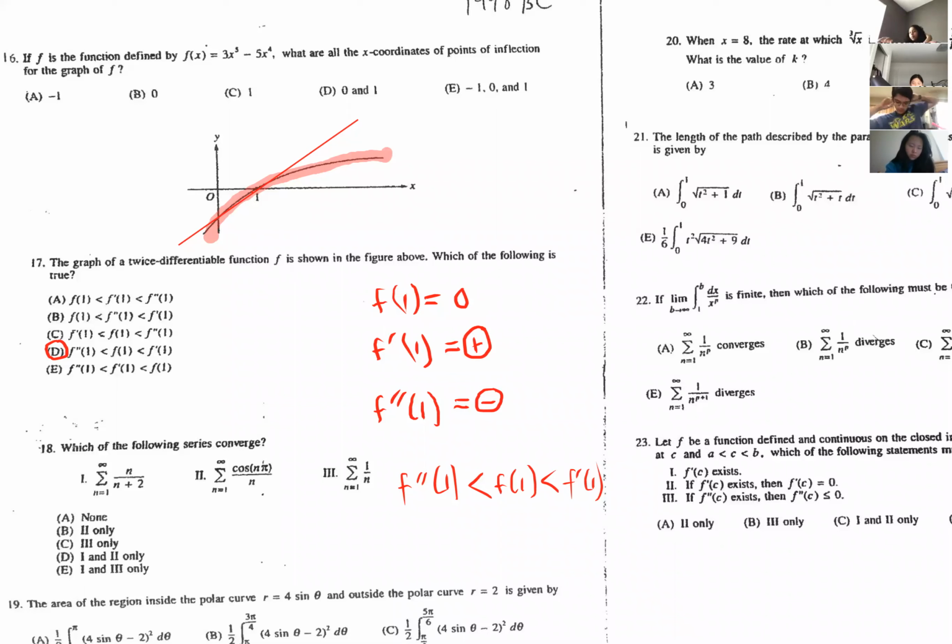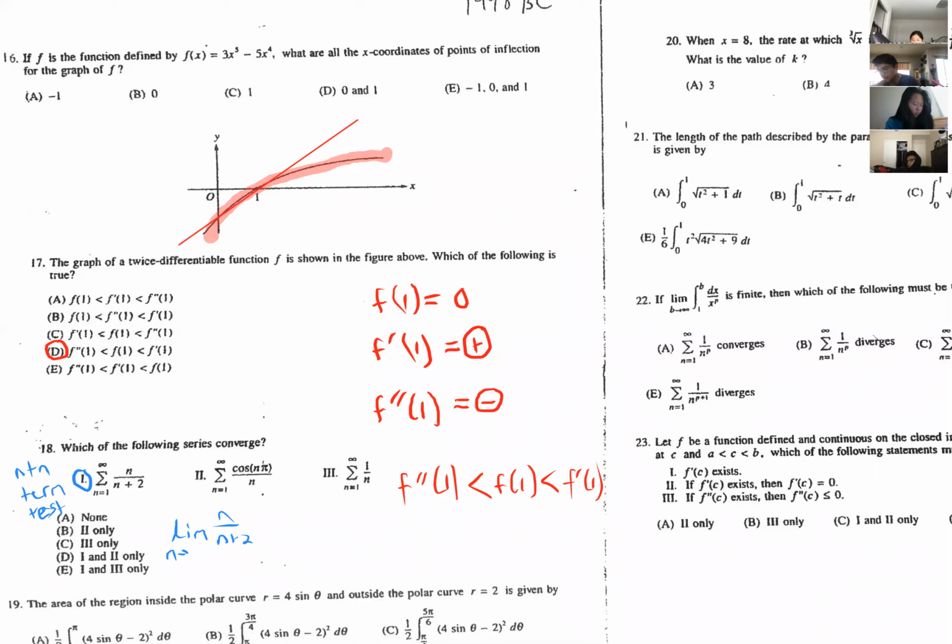If I do the nth term test, I would say the limit of n over n plus 2 as n goes to infinity.